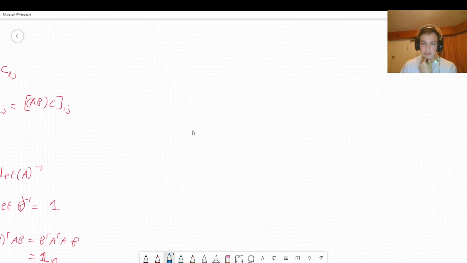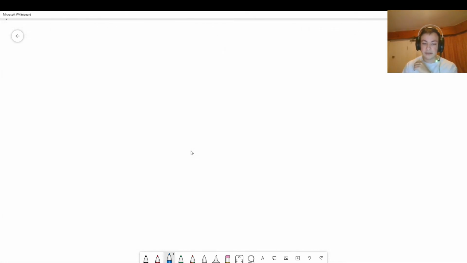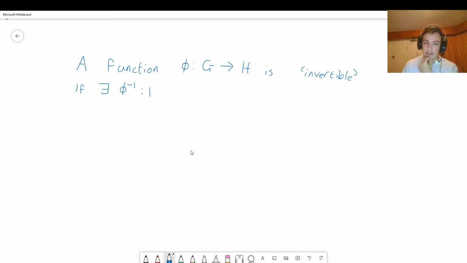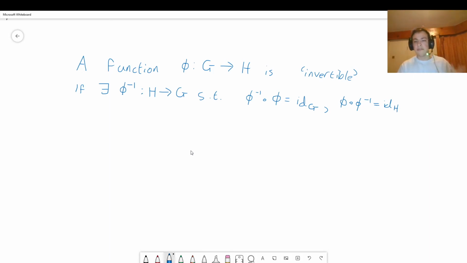Okay, so if we go up here, a function phi from G to H is invertible if there exists a phi inverse function from H to G such that phi inverse of phi is equal to the identity on G, and phi of phi inverse is equal to the identity of H. Okay, so that's what an invertible function means.